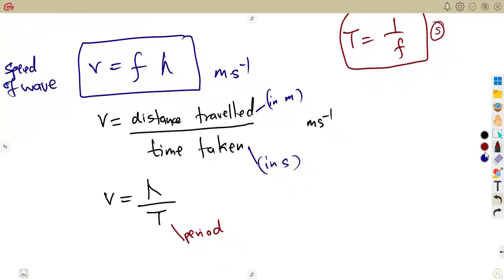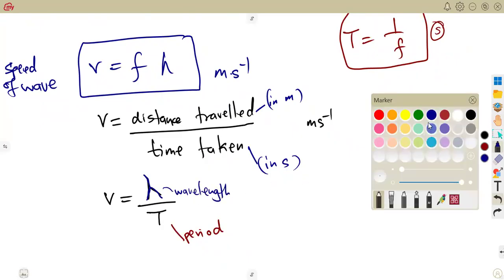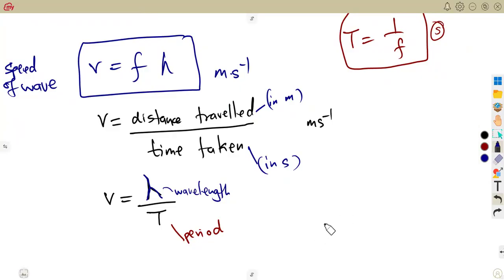And be careful on this part of the wavelength here. This is our wavelength, lambda. We must be very careful because it must be a condition of a compression to a compression. So let's say we've got a compression, then a part where they are separate, then we've got another compression.